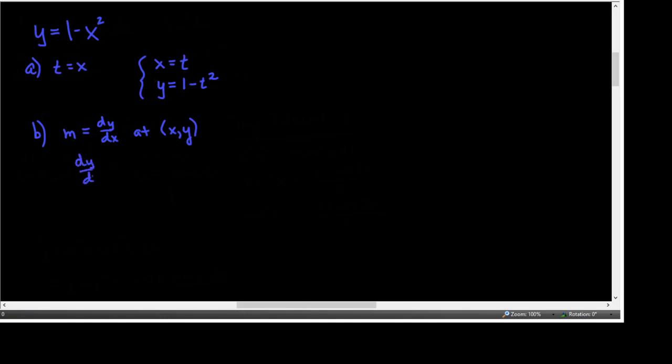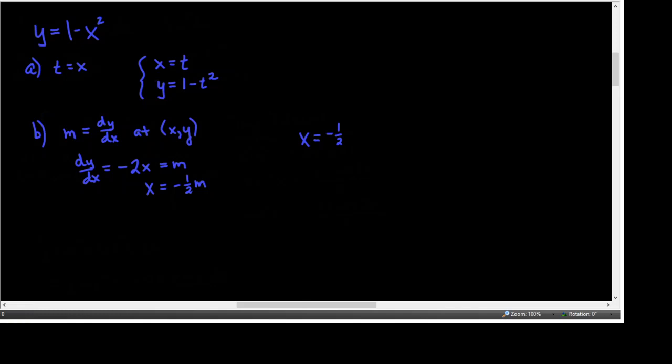Looking at the equation, if y equals 1 minus x squared, dy/dx is 0 minus 2x. And we're going to say that's equal to m, our parameter. So to get the parametric equation, we'll want to solve that for x. And that'll be negative 1/2 m, or m divided by negative 2, or something like that. Okay? So that's our first answer.